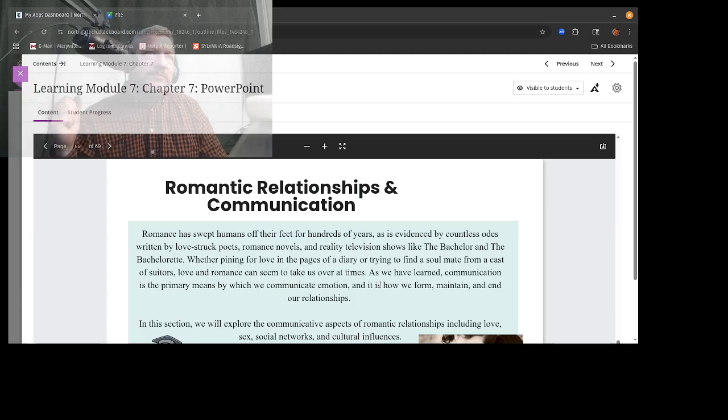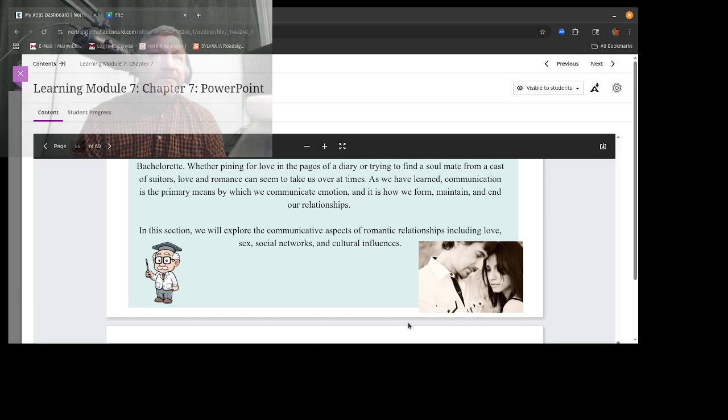Love and romance can seem to take over us at times. As we've learned, communication is a primary means by which we communicate emotion, and it is how we form, maintain, and end our relationships. In this section, we will explore the communicative aspects of romantic relationships, including love, sex, social networks, and cultural influences.